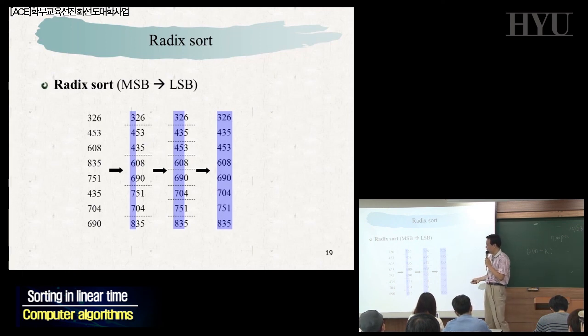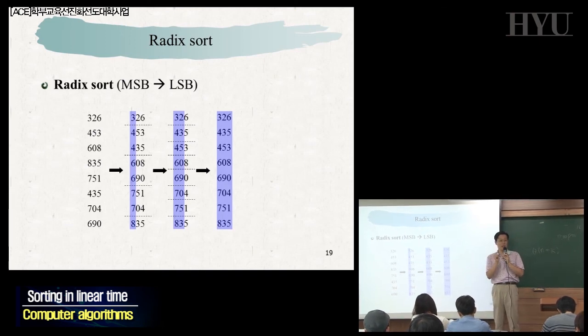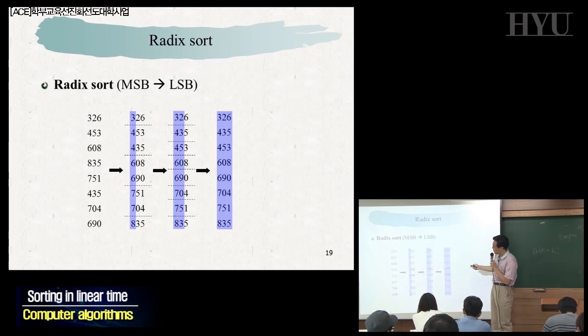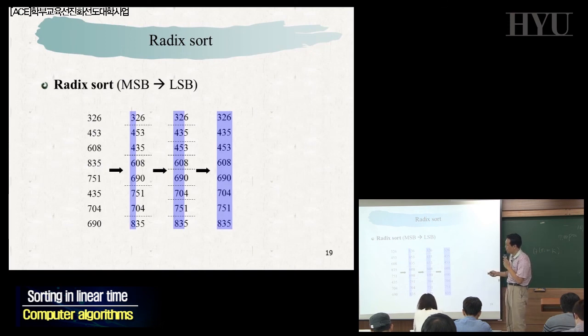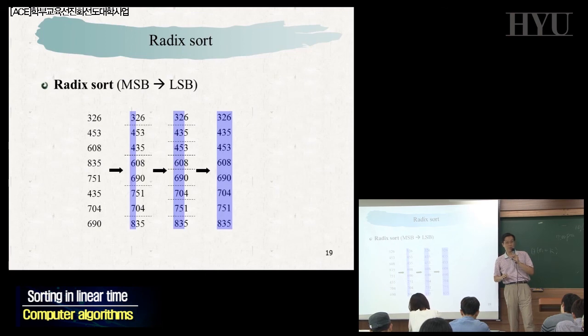And first, we can sort using the first digit. In this case, the first digit is 3. And the second group consists of 4 in their first digit, and 6, 7, 8. So first they are sorted using their first digit.